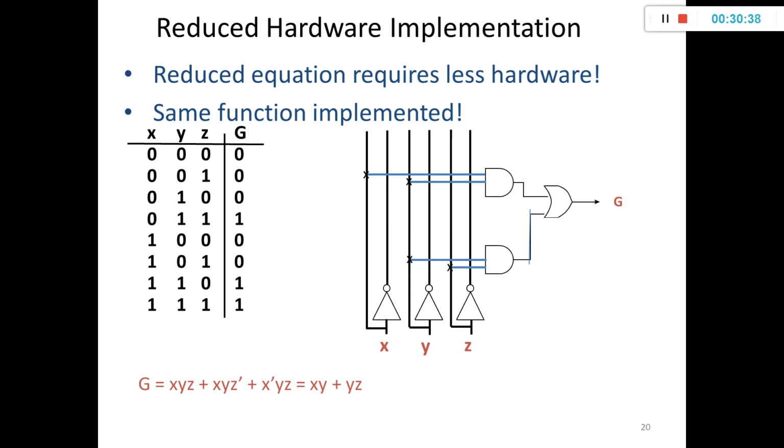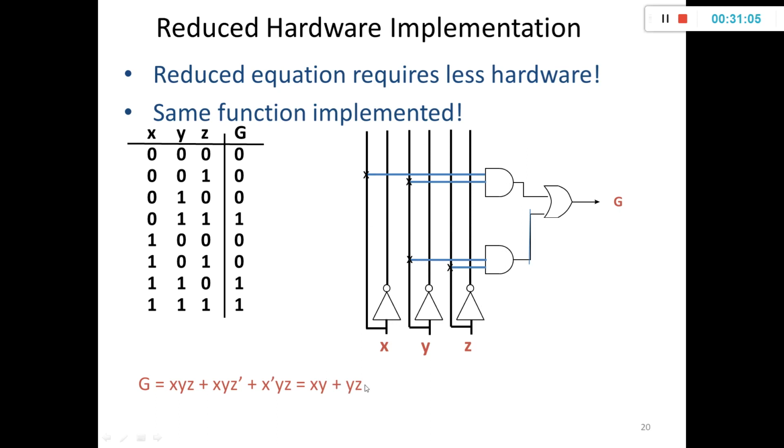Next, reduced hardware implementation. You can see here that after reducing the expression, the G expression, we have XY plus YZ. So it is very easy to implement this now. See here we have X and Y, and then we have Y and Z. Two input AND gates are used, whereas previously three input AND gates were used.